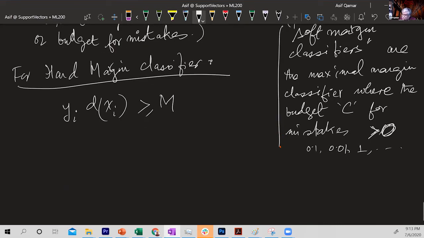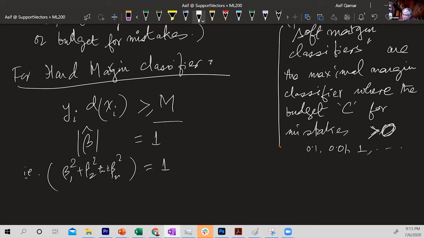At the same time, you also say that the beta vector, the unit vector beta hat, has norm equal to 1, because that goes into the definition of D. In other words, beta 1 squared plus beta 2 squared through beta n squared is equal to 1. This is the second constraint. Let me call this equation 1, and this equation 2.